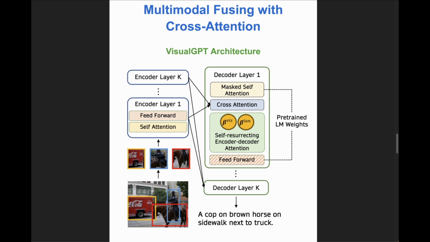We extract the relevant objects from an image and feed them to the visual encoder. The resulting visual representations are then fed to the decoder, which is initialized with weights from the pre-trained LLM. The decoder module balances the visual and textual information through a SRAU.